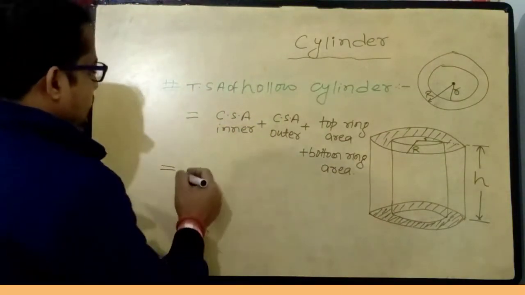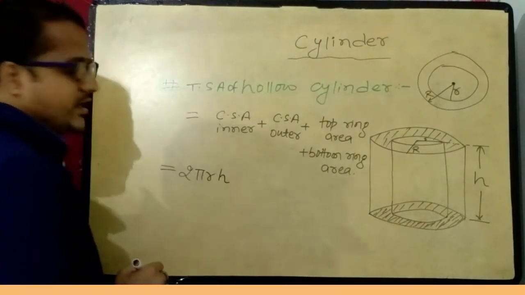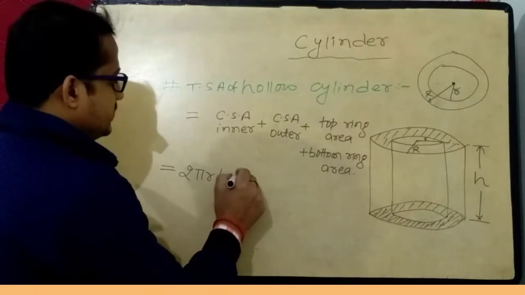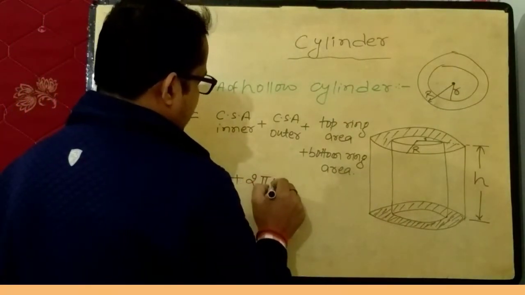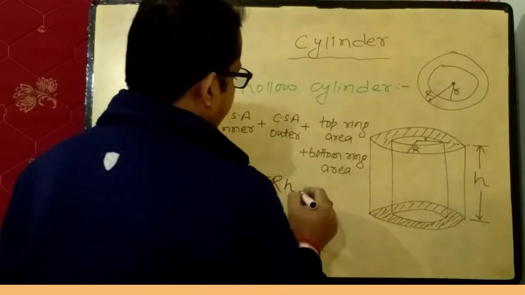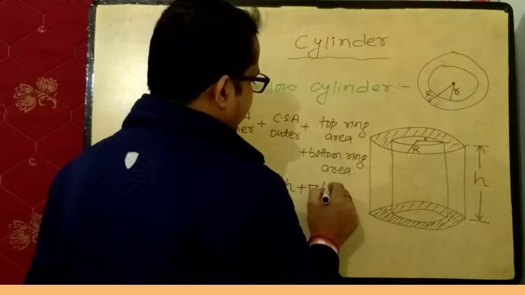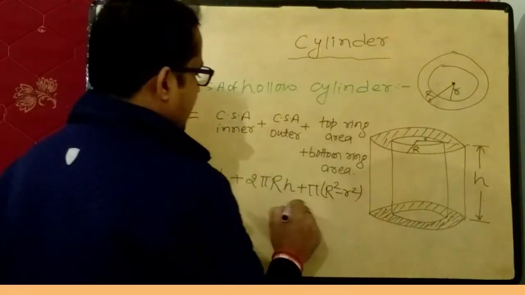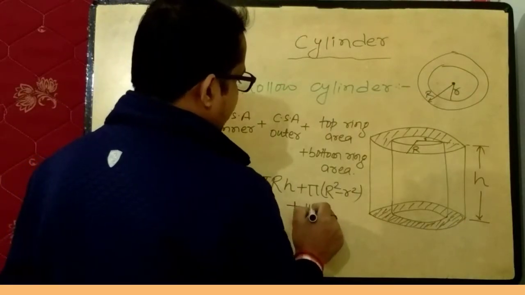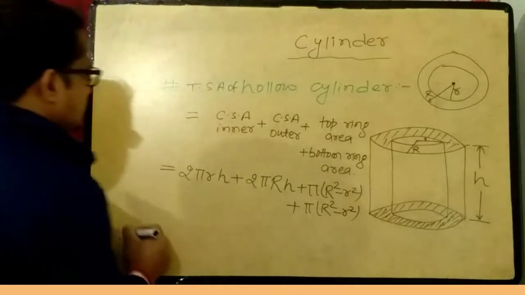CSA of inner cylinder equals 2 pi small r into h, add up CSA of outer cylinder equals 2 pi capital R into h, add up top ring area equals pi capital R square minus small r square, add up bottom ring area equals pi capital R square minus small r square.